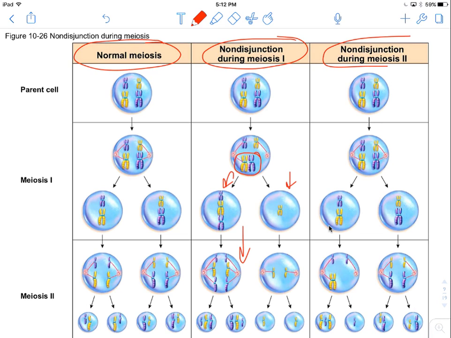You can also have non-disjunction during meiosis 2, where the homologous pairs separate fine in meiosis 1, but then in meiosis 2, the sister chromatids don't separate, and you get an extra chromosome in this gamete, and don't get enough chromosomes in this gamete.